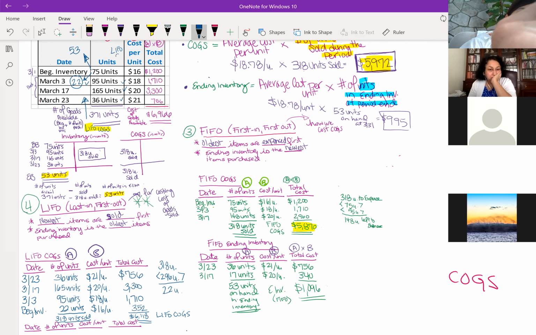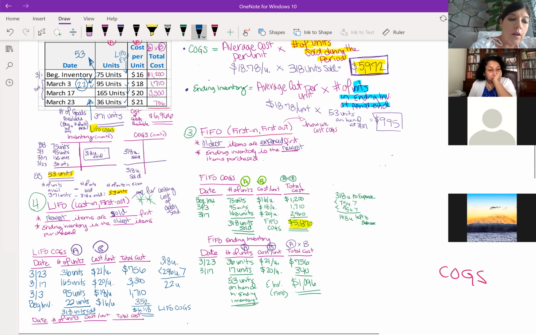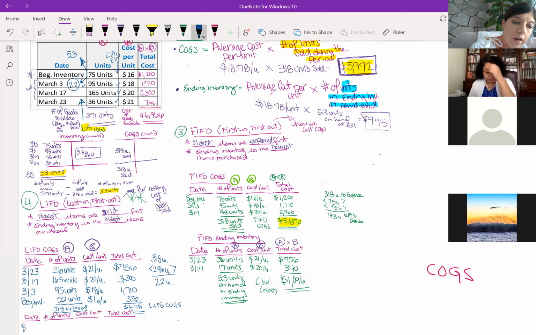So LIFO ending inventory: you're going to have one layer, beginning inventory, and 53 units are left over from beginning inventory at a cost of $16 per unit. So what is LIFO's ending inventory balance? $848, correct.